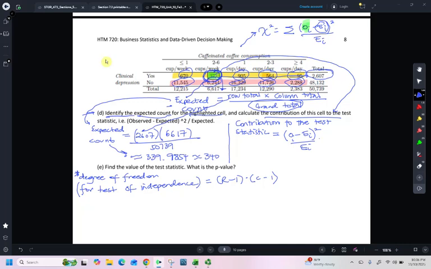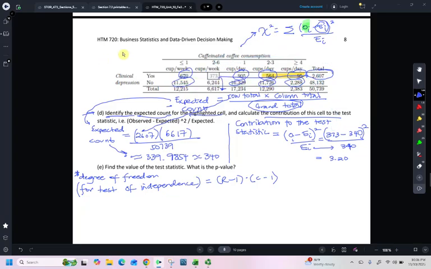In other words, what was observed, 373, minus what was expected, 340, all squared, divided by 340, and this will give about 3.20. Now this will be the contribution of this particular cell to the overall chi-square test statistic. But we'll need to do this for every observed value.